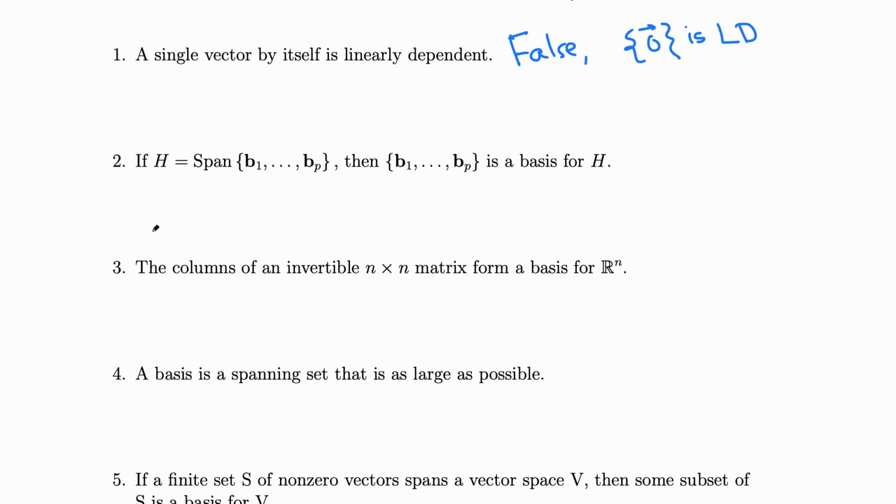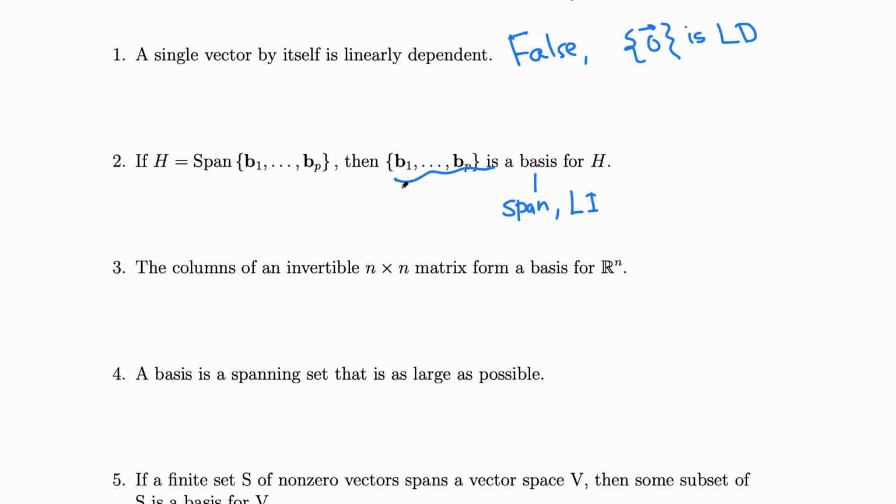Number 2, if H is span of B1 through BP, then that's a basis for H. For basis we have to have two things. This collection should span, and that collection is linearly independent.